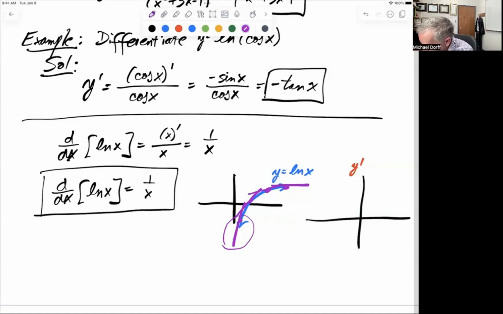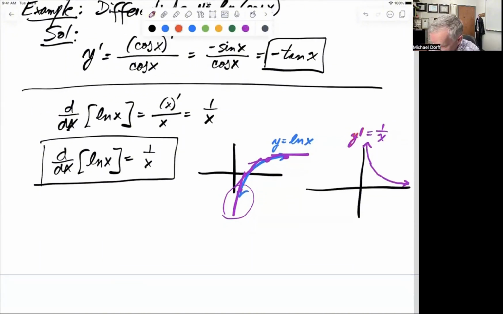So that means when I'm looking at the graph of the derivative, when I'm close to the y-axis, so x is close to 0 but a positive number, I have a very high positive number, and then it's decreasing, getting closer and closer to 0. So that's what the graph of the derivative would look like. And what is that graph? That is 1 over x. So the graph of the derivative is 1 over x. And that matches this definition, or what I have in this box right here, right?